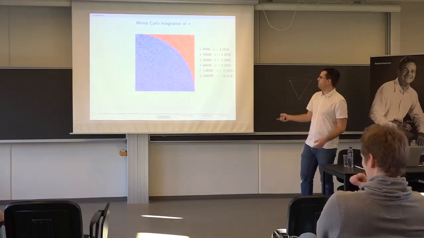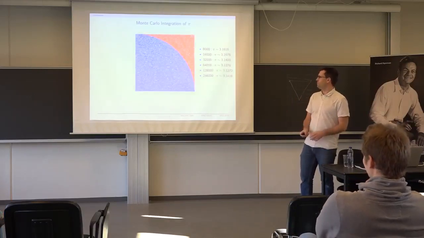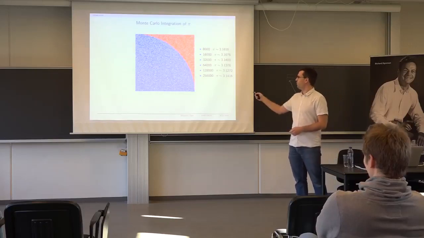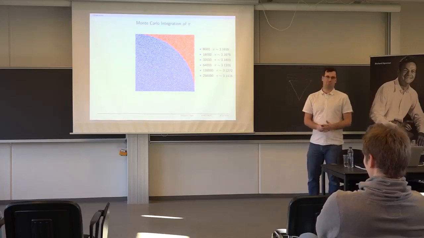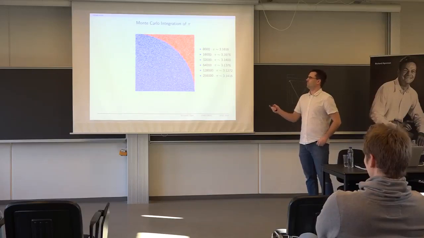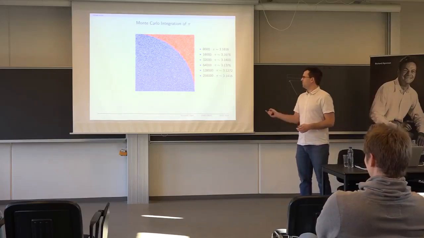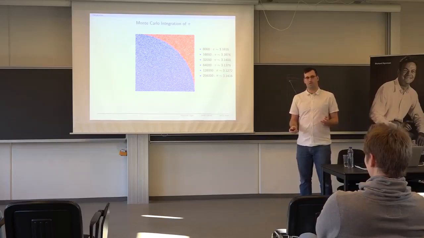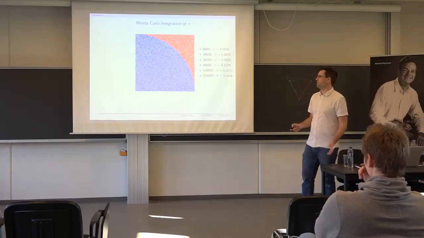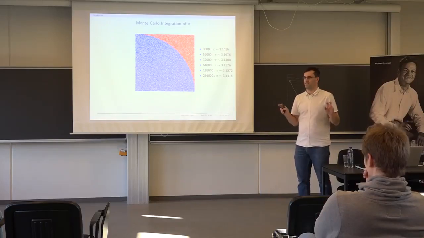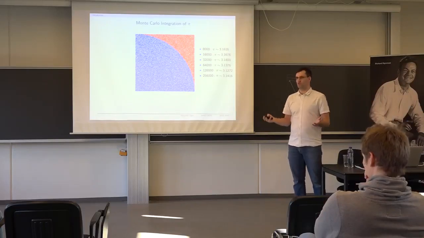Let's do that a few more times. With 250,000 points, we have 3.14 already, which is better than 1.6, but it's still converging rather slowly, because 250,000 points is already quite a few. As you can see, if you draw that as a diagram, it's almost completely full.